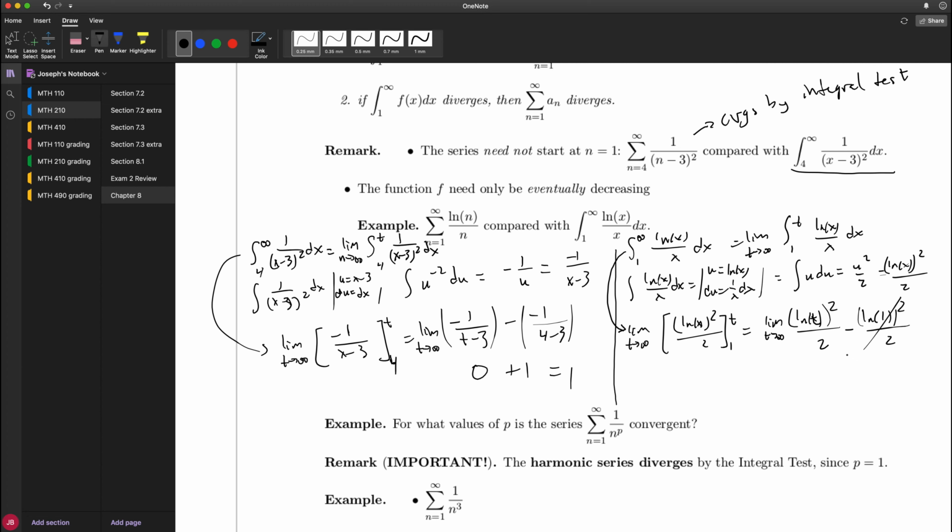And as t becomes large, ln of t gets large towards positive infinity. Squaring that makes it even bigger. So this is infinity, so divergent. So because this integral here diverges, this infinite series diverges, which I'll write as dvgs, by the integral test.